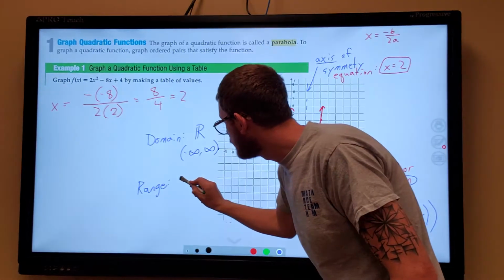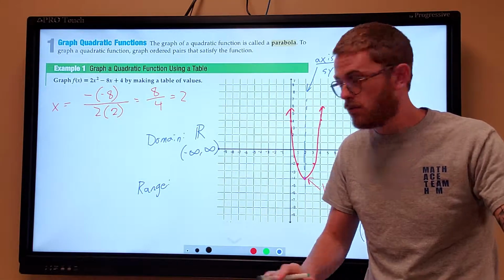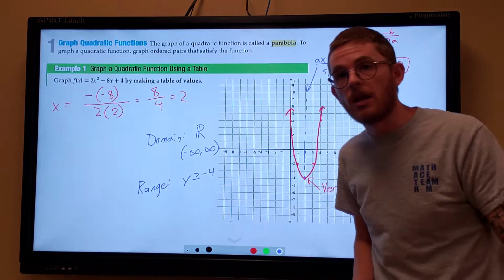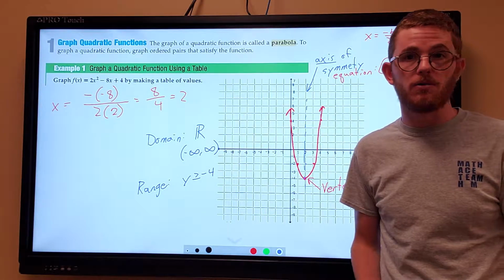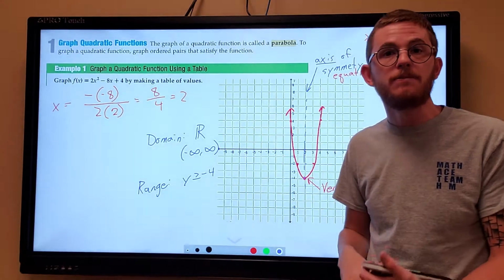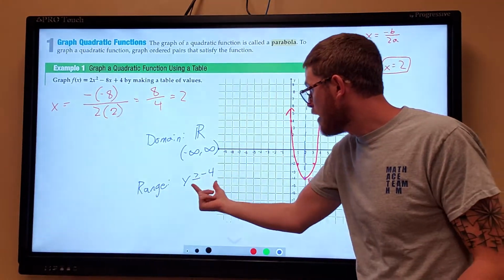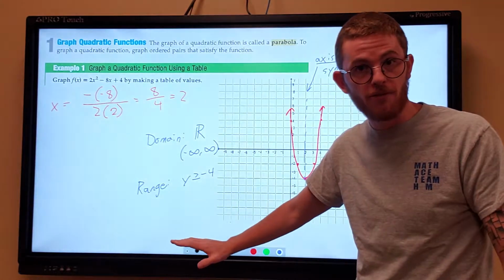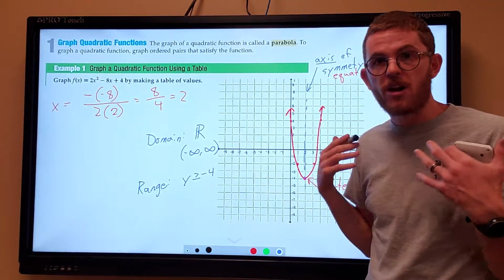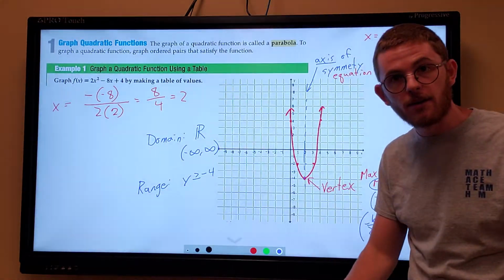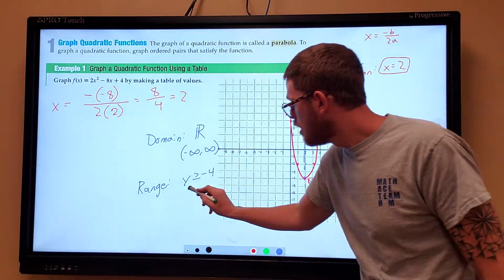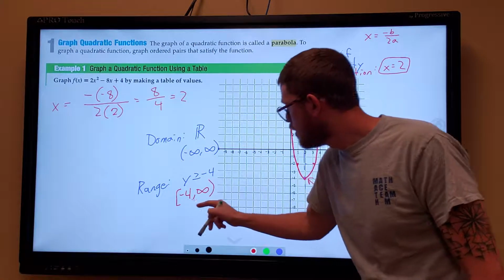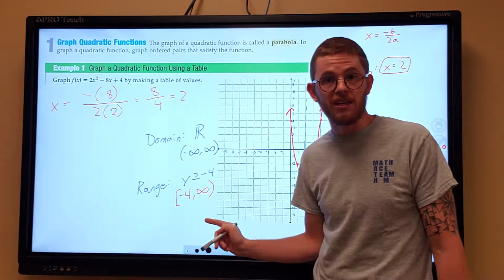So we can say all y values greater than or equal to negative 4. Now, this is a really basic mathematical way to show that. Right now, that's fine. Just trying to think about what's going on, but this is the notation that we need to use.